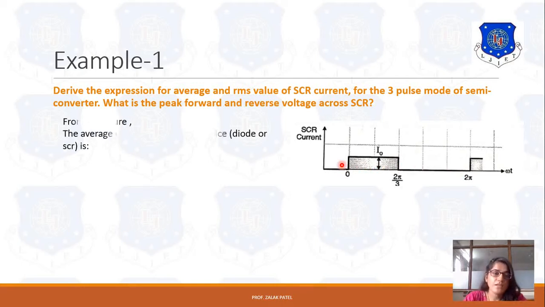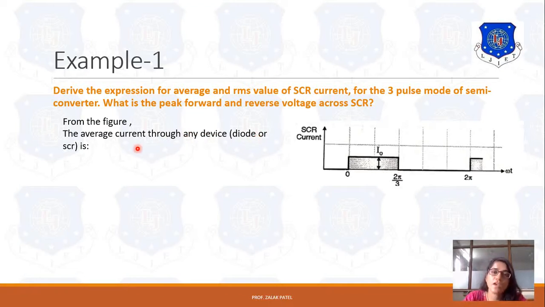From the figure, the average current through any device: if you remember the structure of the 3-phase converter, there are 3 SCRs and 3 diodes. So the current goes either through the diode or through the SCR.